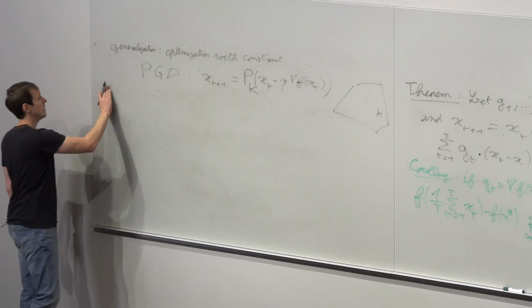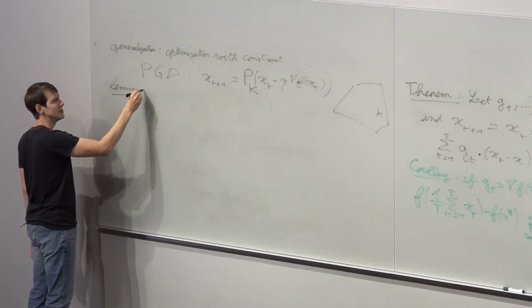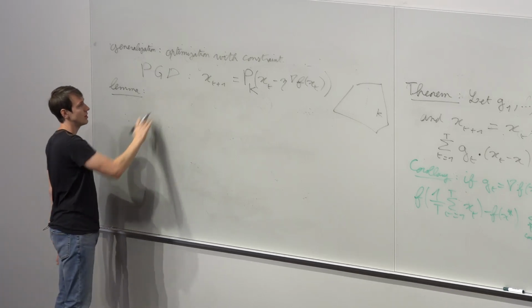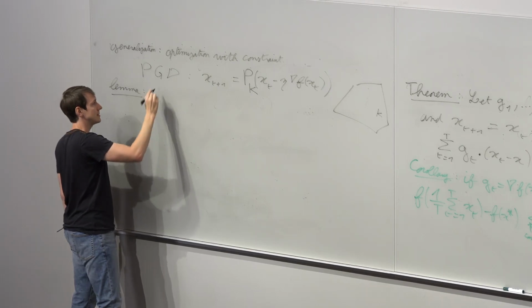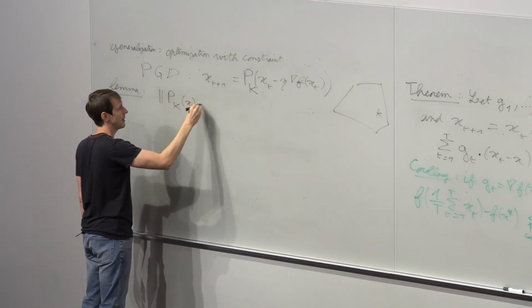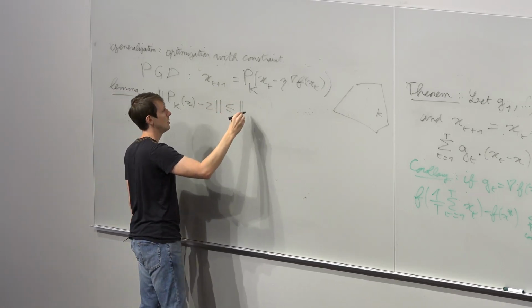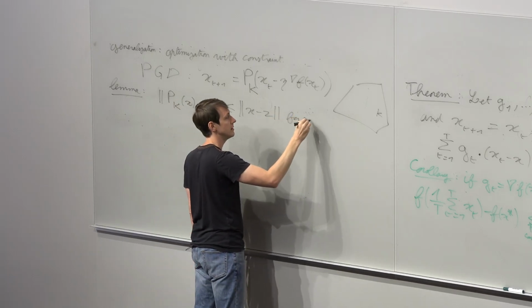And the easy lemma that you will prove in the problem session, or maybe you did it yesterday, is that the norm of PK of x minus z is smaller than the norm of x minus z for any z in K.